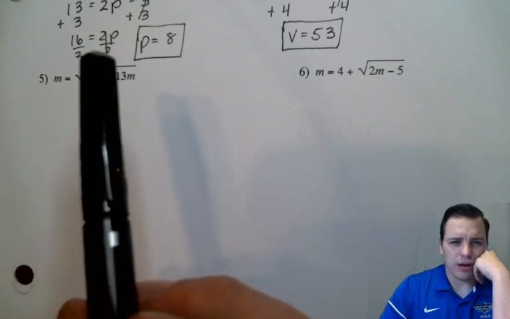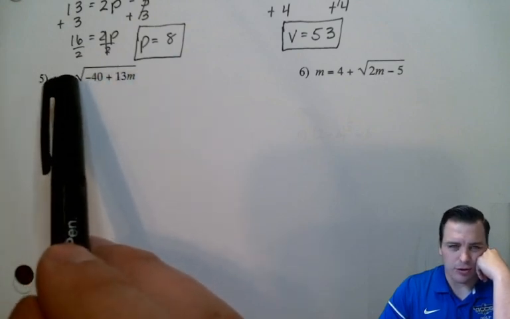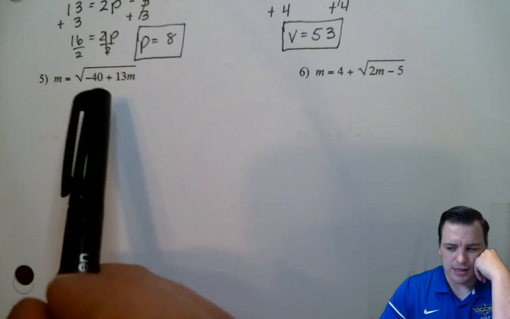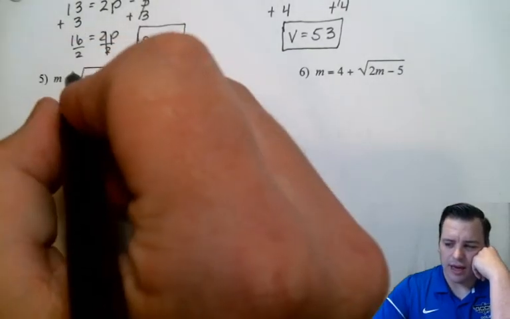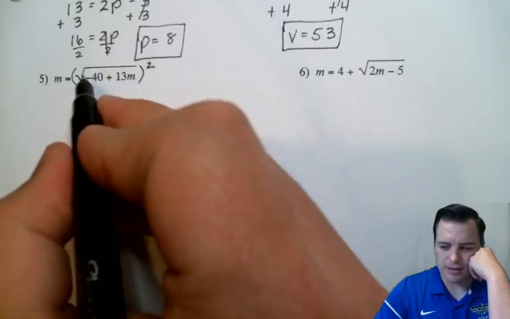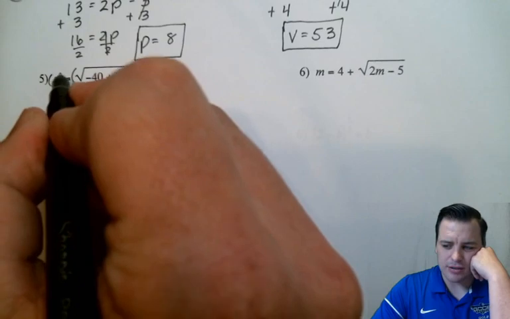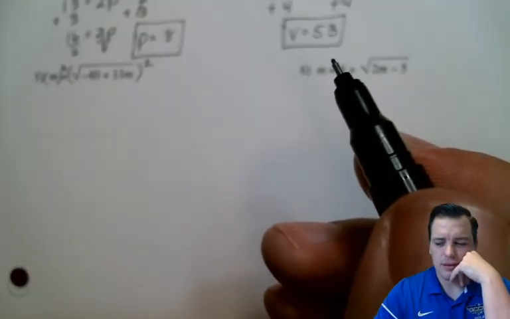So in order to find what m is going to be, I got to get rid of that square root. I need to isolate that. So in order to do that, I'm going to have to square this side in order to eliminate the square root. But I also got to do the same thing to this side and say m squared.